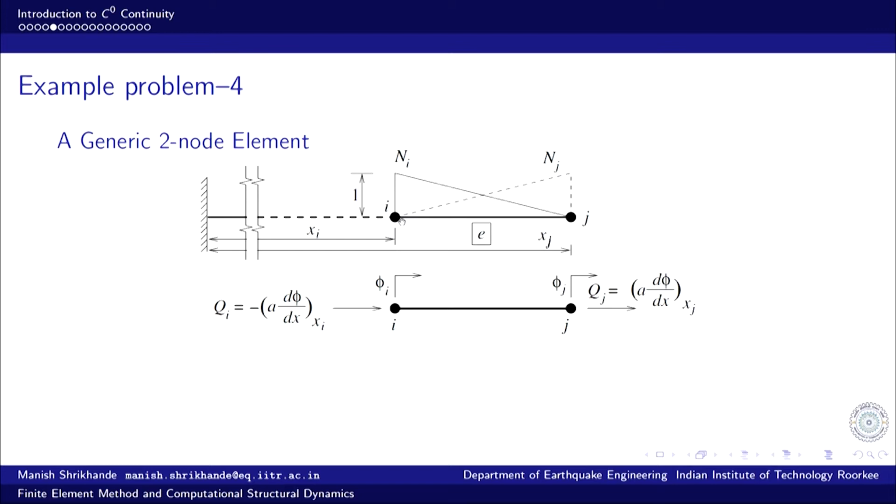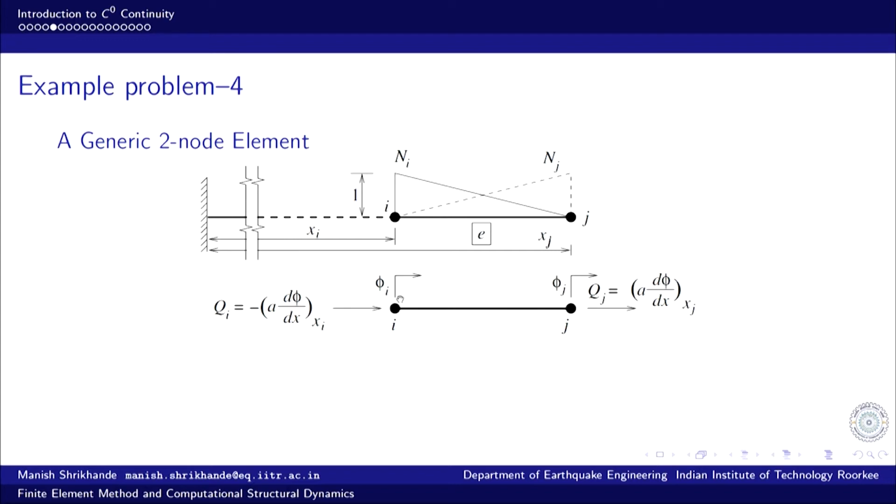We consider the ith node as the left side node and the jth node as the right hand side node of any 2 node C 0 continuity element E. Obviously, the interpolation function corresponding to node i takes unit value at node i and vanishes linearly to 0 at node j.